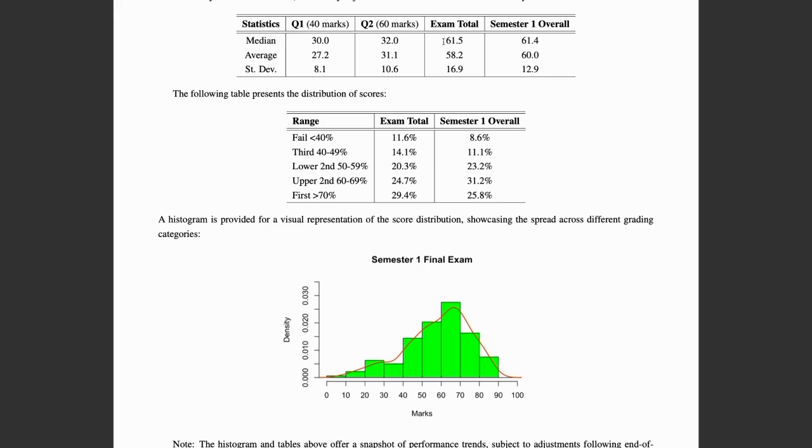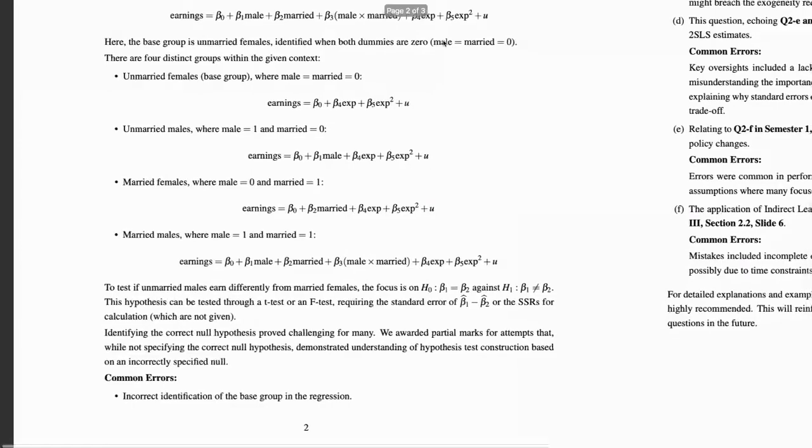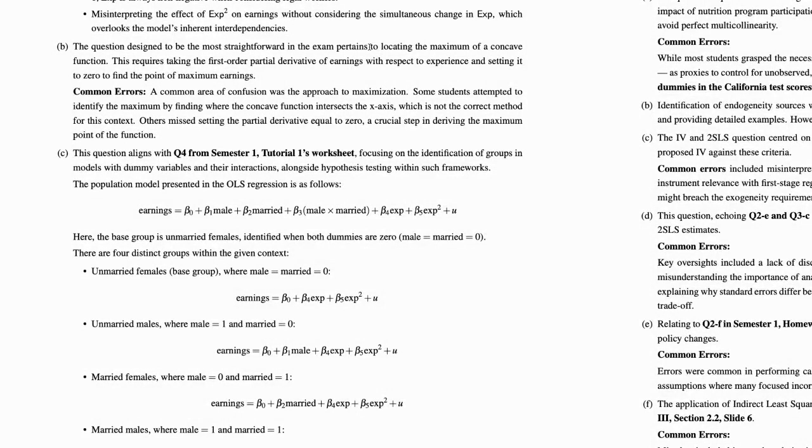I would encourage you to go through the questions after the summary statistics. Basically, every single question links back to either some material on the lecture slides, the practical session, the tutorial, or your homework.